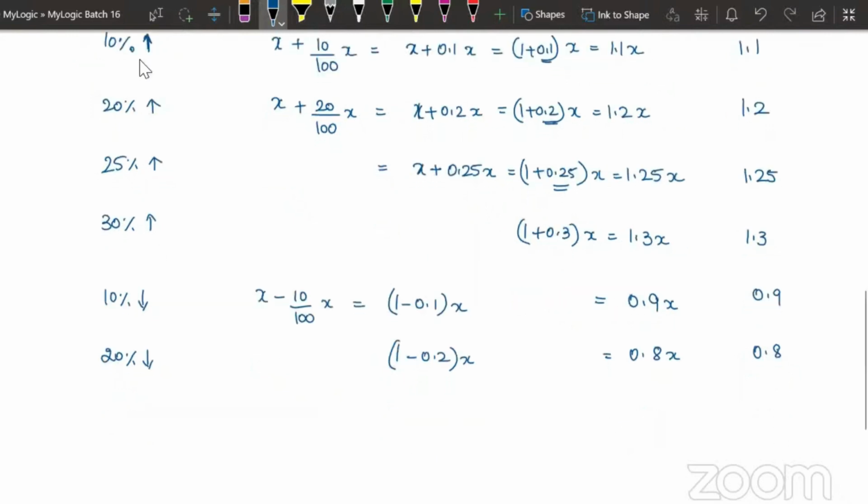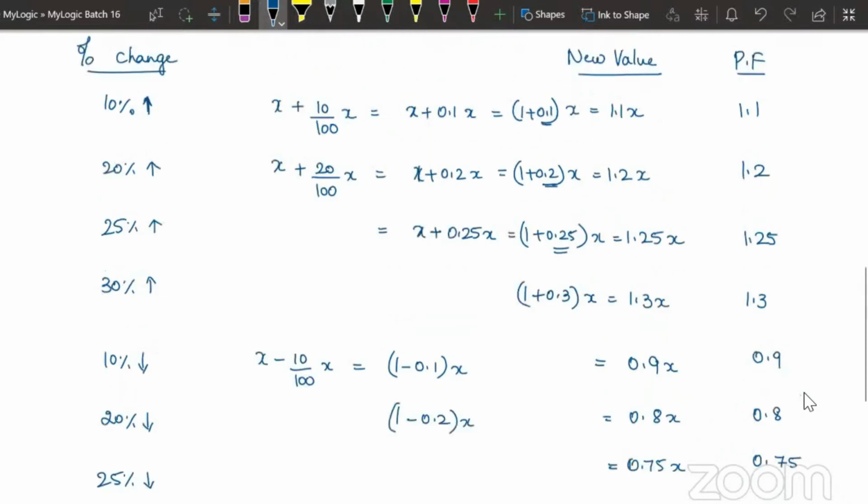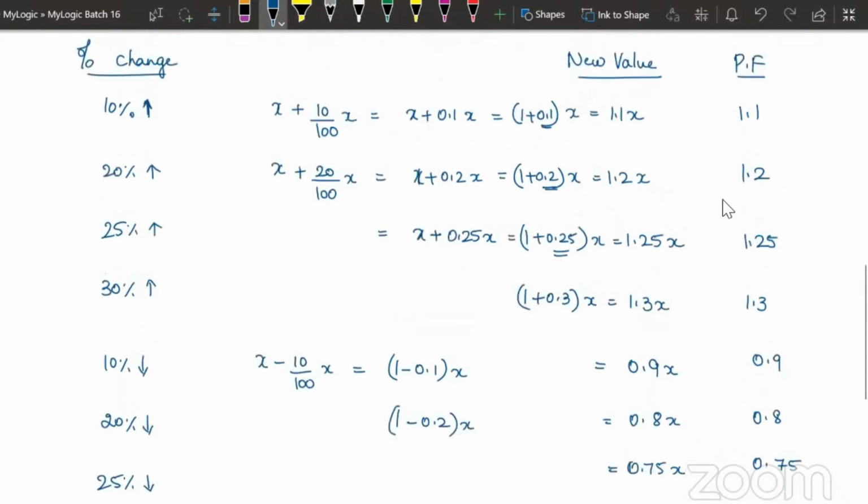So whenever there is an increment, add the decimal part to 1. Whenever there is a decrement, subtract it from 1. And this number is going to be our percentage factor. So if there is a 25% decrement, the new value is 0.75x. The percentage factor is 0.75. Hope this is clear.